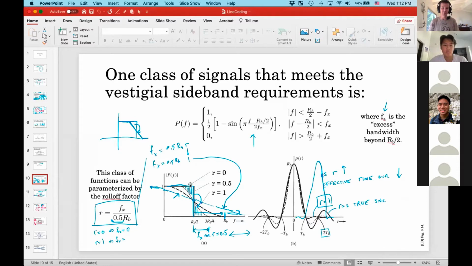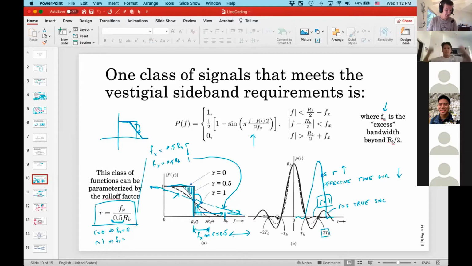But the idea is that if you shave off nothing, then you have a maximally dense power spectrum. But you pay for that with long tails in the time domain. And the more you shave from 0 to 1, the more your frequency domain spreads into adjacent bands. But in exchange for that, you get less inter-symbol time-wise interference.